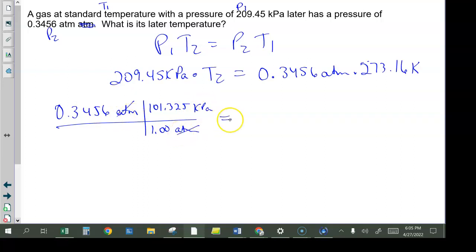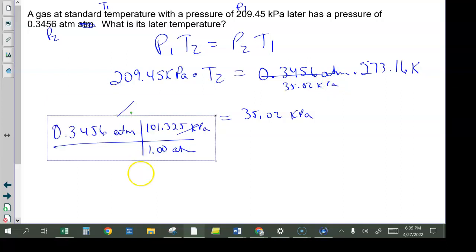This is the conversion that we've been using for over a semester now. When I do that, I get 35.02 kPa. That is going to go where this is, so 35.02 kPa. Okay, so I replaced that and got that out of the way.